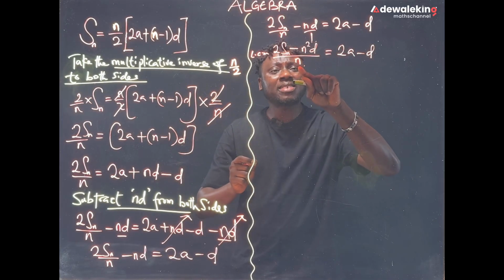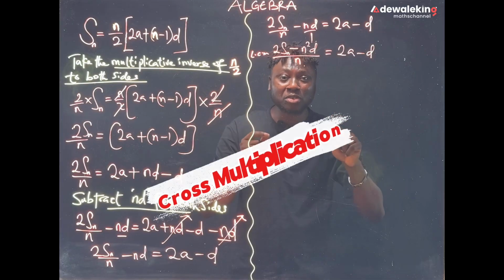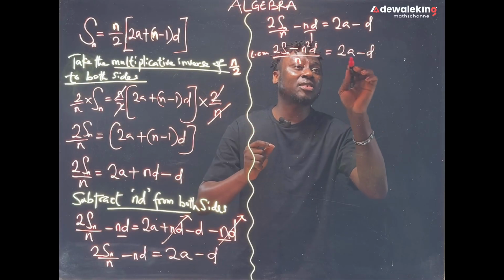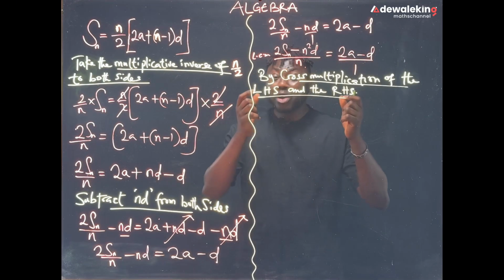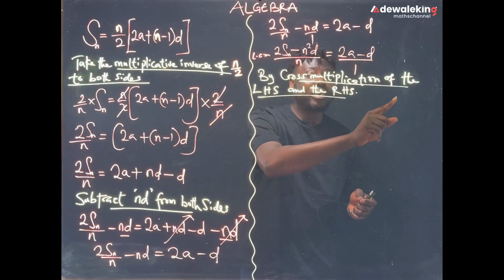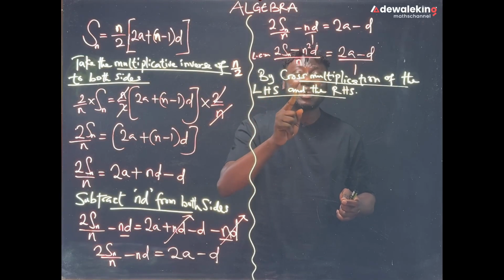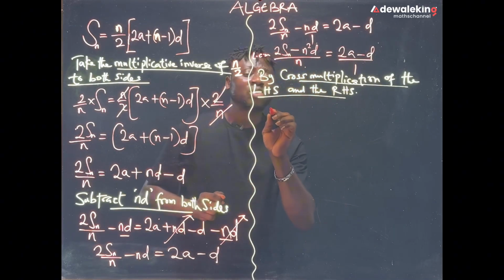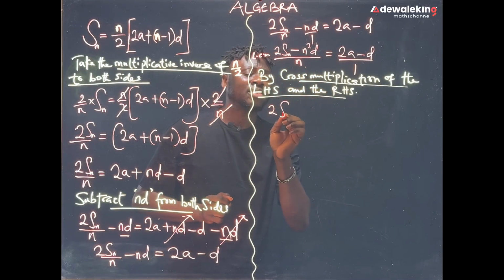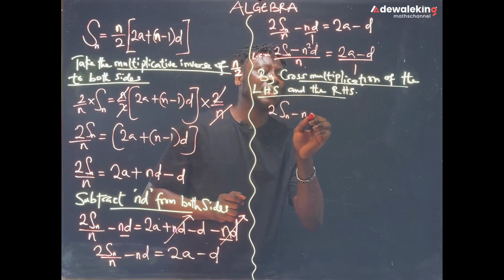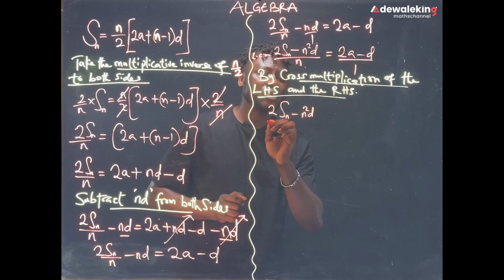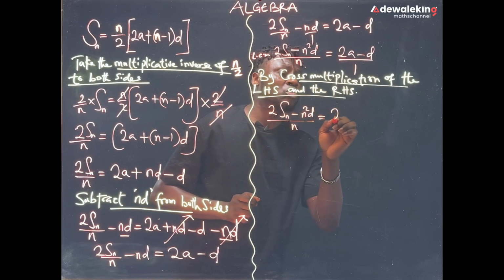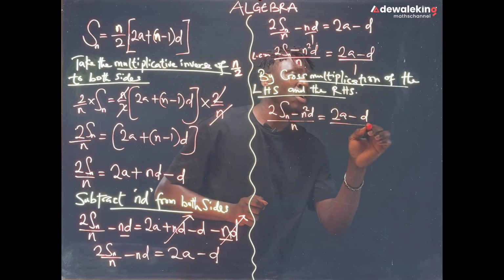So we can see that this n can come here by cross multiplication, because this is something as over 1. So by cross multiplication of the left hand side and the right hand side, we have 2S subscript n minus n squared d over n equals 2a minus d over 1.